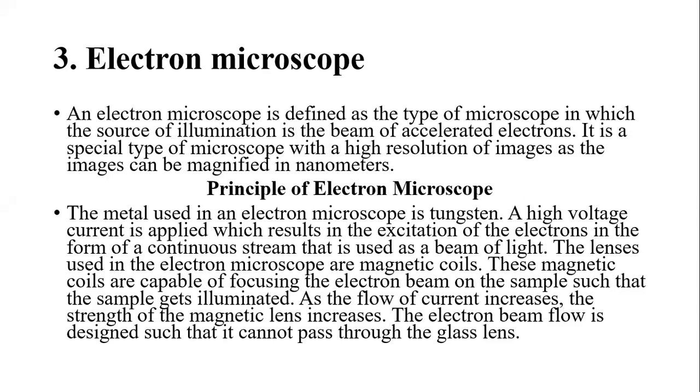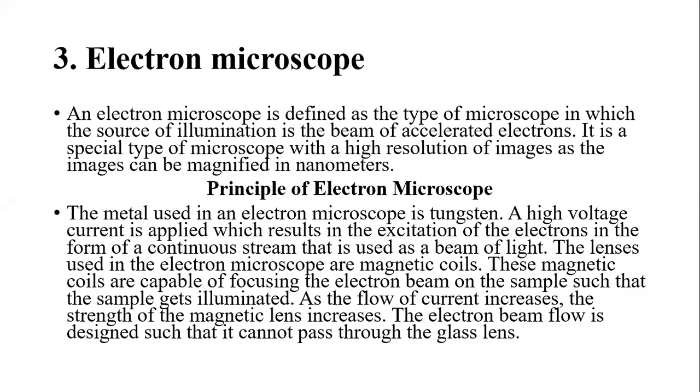An electron microscope uses a beam of accelerated electrons. It is a special type of microscope with a high resolution of images, as the images can be magnified in nanometers. The metal used in an electron microscope is tungsten. A high voltage current is applied, which results in the excitation of the electrons in the form of a continuous stream that is used as a beam of light.